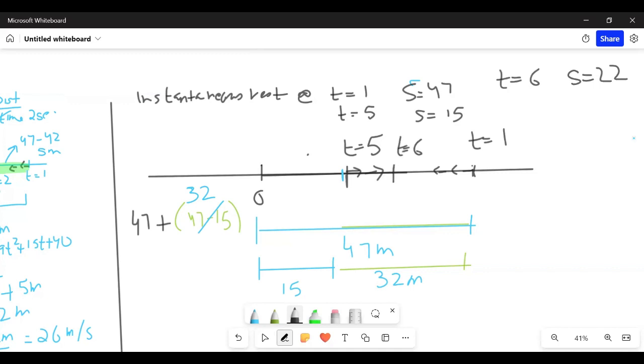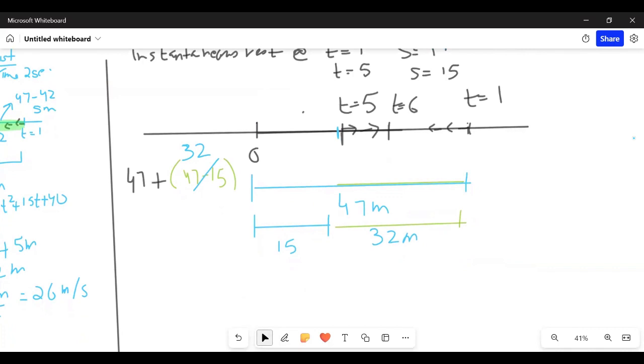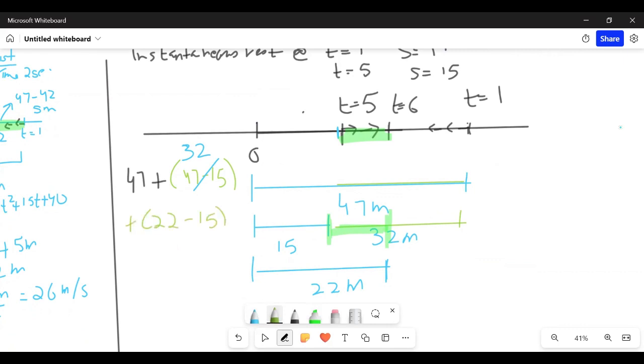At t equals 6 the distance covered is 22. So from here to here it's 22 meters. But between t equals 5 to t equals 6 it covered this much distance. So earlier this was 15 and now this became 22. So how much distance has been covered? 22 minus 15. So that's 7 meters.